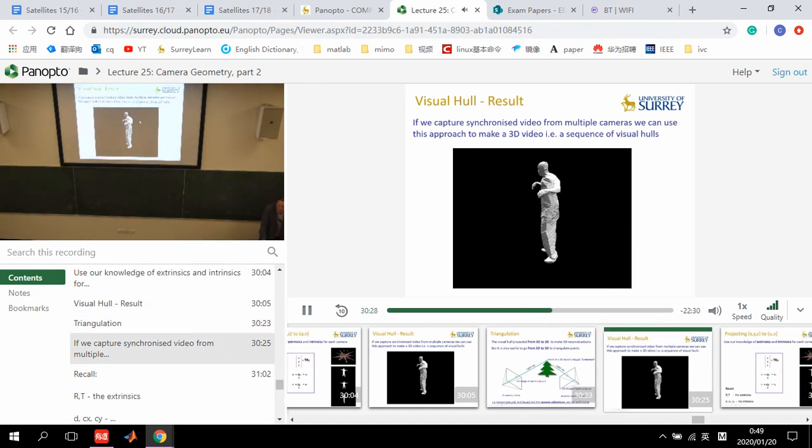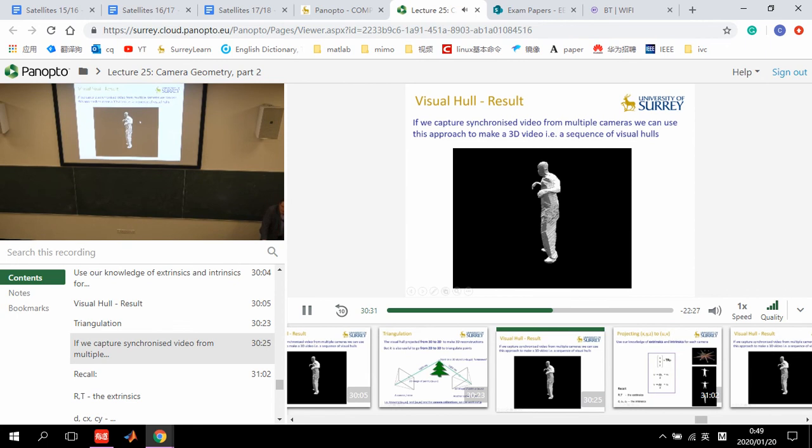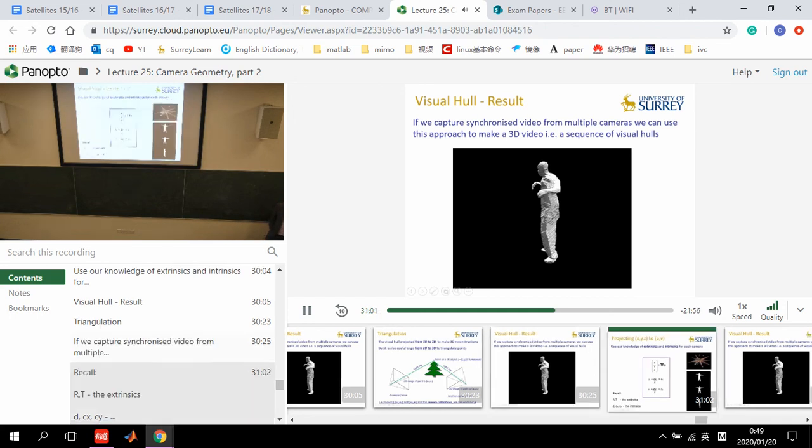Do the equations assume that the object is at the same point within the frame, in the same position? Does it matter if the object is in a different position for the reconstruction? Sorry, say your question again. Does its position in the frame affect how you apply the equations? No. So the question is, does the position of the object in the 3D world affect how these equations are applied?